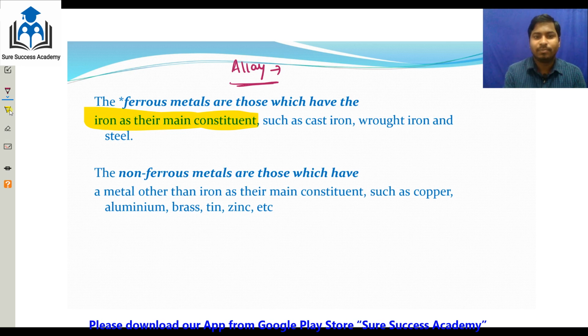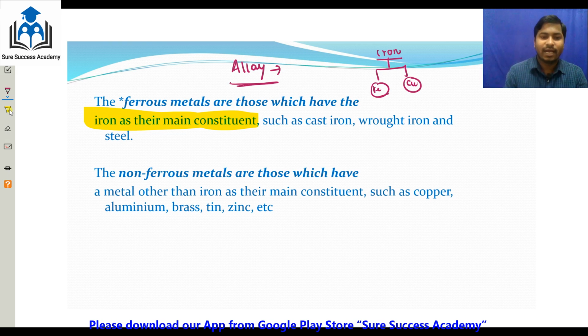Suppose one metal is a combination of two constituents, like iron and carbon. Here the principal constituent is iron, Fe, so that is called a ferrous metal.